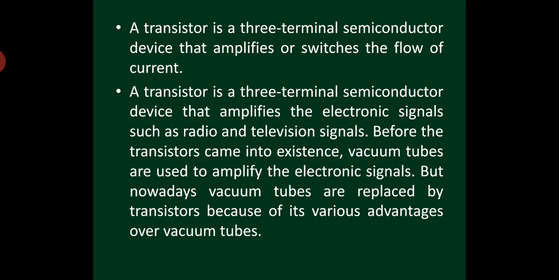And high voltage gain, low supply voltage is sufficient to operate a transistor, most suitable for low power applications, smaller and lighter in weight, mechanically stronger, no external heating required like vacuum tubes, and very suitable for integrated circuits. In view of all these advantages, we are moving on to transistors.